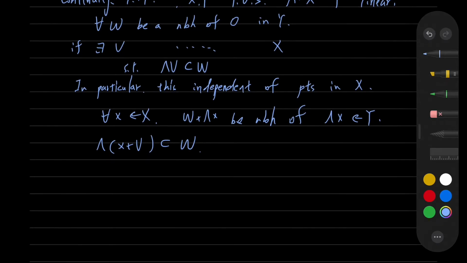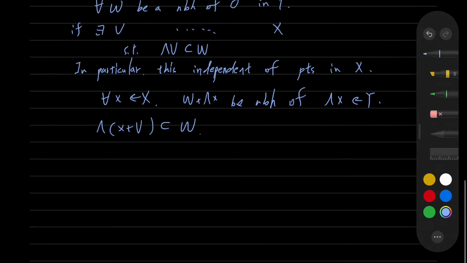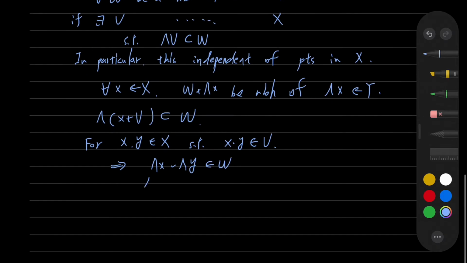So it's uniform in the sense that it does not depend on the X. Another way of stating that is that for the same V and W above, and for X, Y in X such that X minus Y lies inside the neighborhood V, we will also have lambda x minus lambda y lies inside the neighborhood W. And this is easy to see because you can just vector A inside this, right?